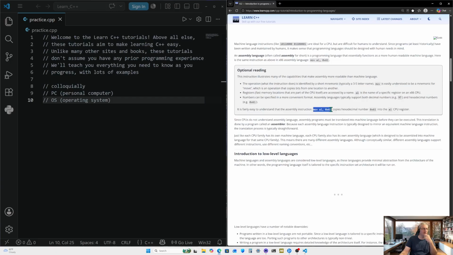When you write code like this, what you're writing is something you understand, and then an assembler will take that and turn it into machine code so that the computer can understand it. Because each assembly language instruction is typically designed to mirror an equivalent machine language instruction, the translation process is typically straightforward.